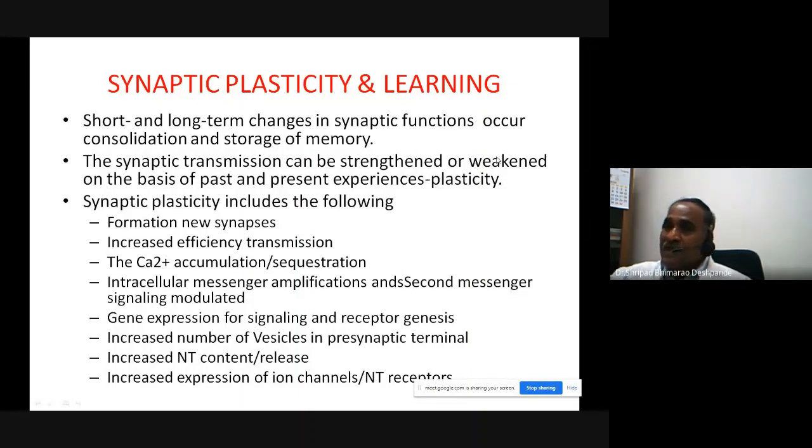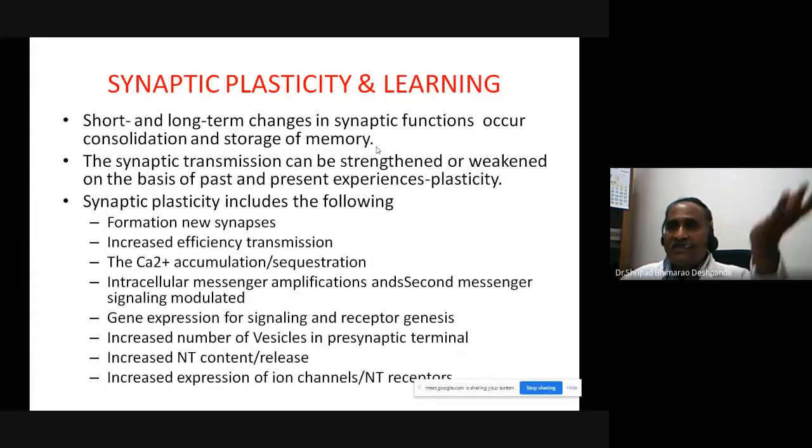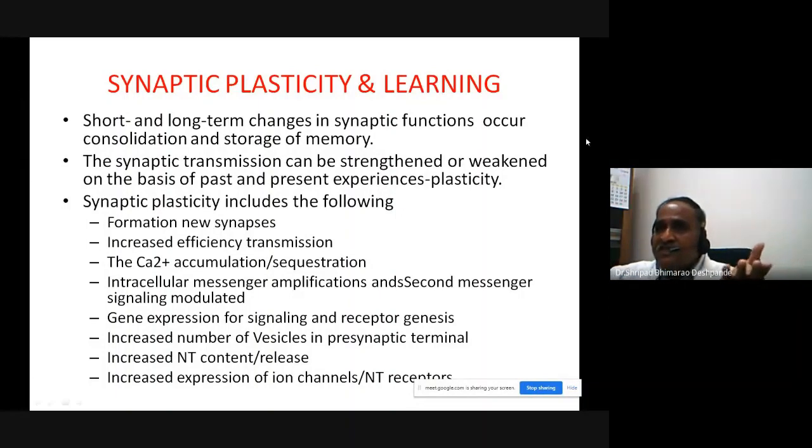Or sometimes synaptic transmission is weakened or eliminated. So this plasticity is both strengthening and weakening or eliminating particular neurons, particular synapses, or adding or enhancing the synaptic activity there. This depends upon the experience or the requirements.